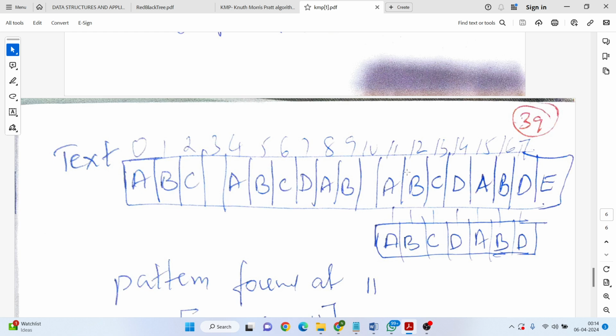From the 11th character onwards, all the characters of the main string and the pattern are matched. So found at 11. This is the place where all the characters are successfully compared and found the same. So 11 is the pattern index where it matched.